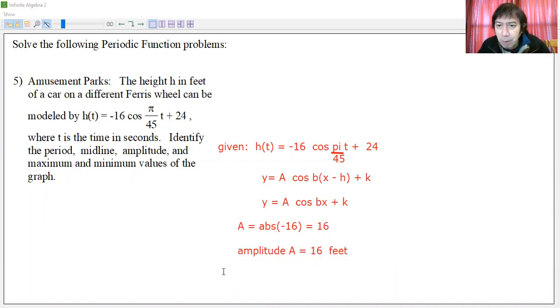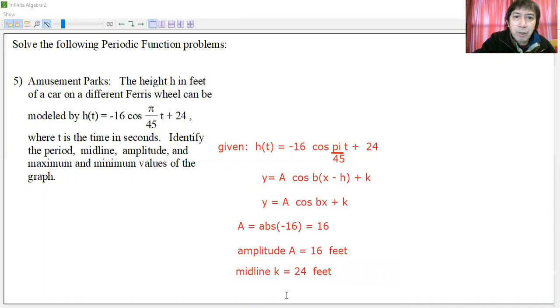Using now the k, which corresponds to the 24, that will be our midline. So midline k by inspection is 24 feet there.